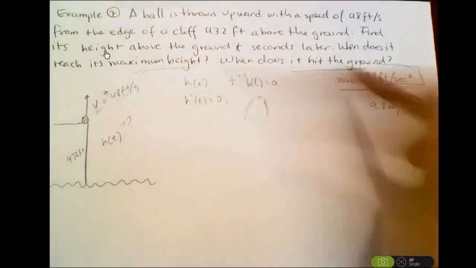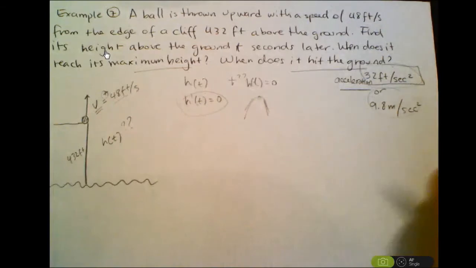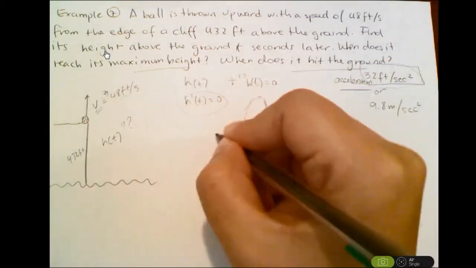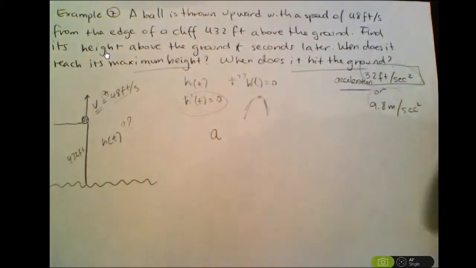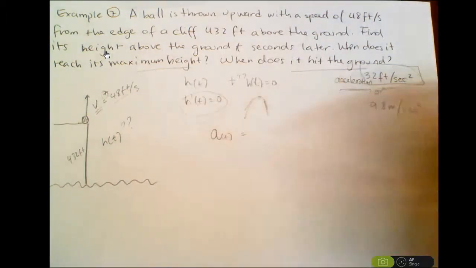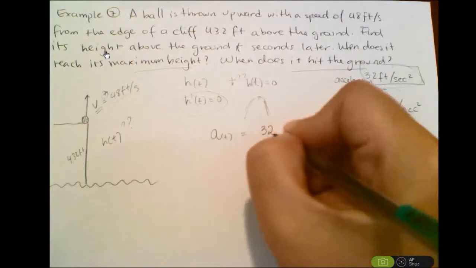Then we'll be able to answer the other questions that stem from it. I know that the acceleration for any object that has been thrown is 32 feet per second squared, so I'm going to use that fact.